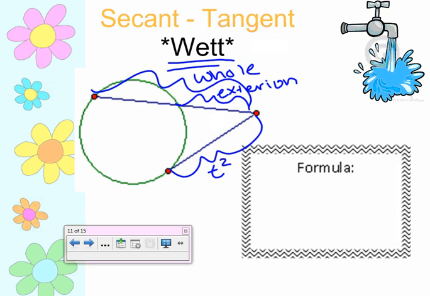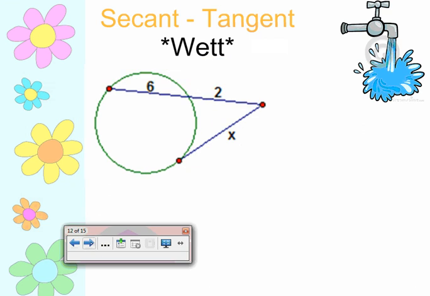So our formula will be whole times exterior, that's on that secant line, equals tangent times tangent, or tangent squared. Okay, so let's put this into action, our first example here.